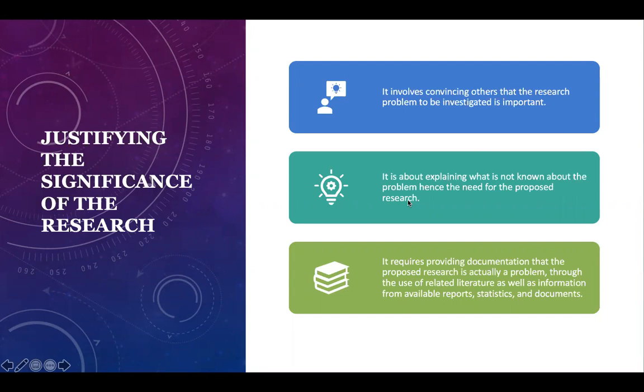It is about explaining what is not known about the problem, hence the need for the proposed research. It requires providing documentation that the proposed research is actually a problem through the use of related literature as well as information from available reports, statistics, and documents.